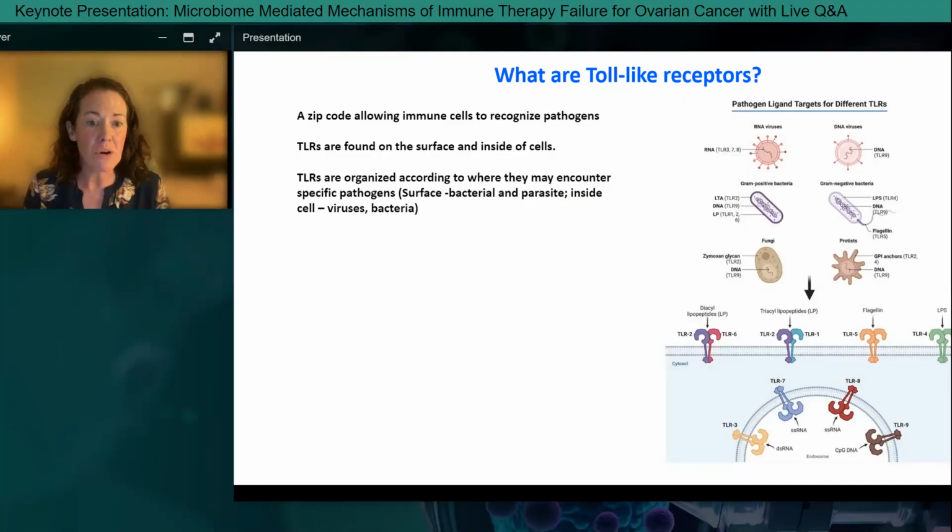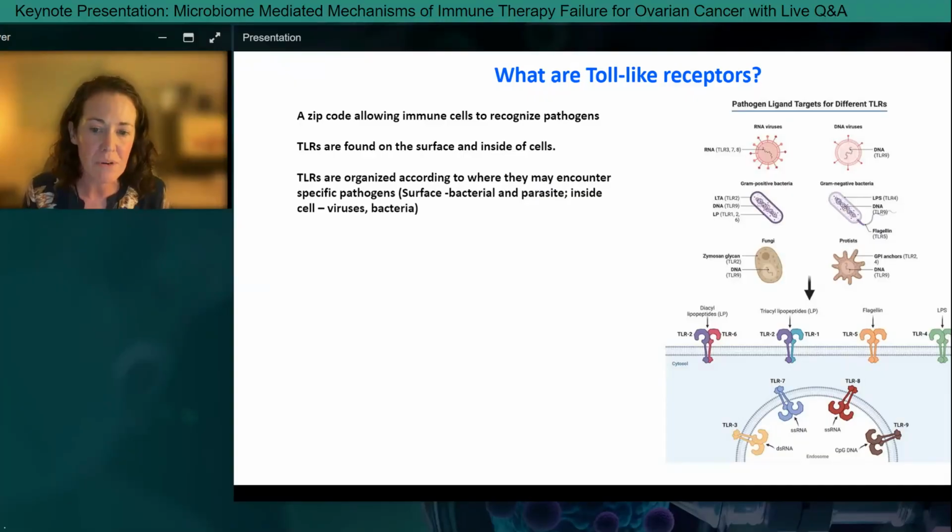Now, they're found both on the surface and inside of cells, and their location really depends and is specific to the types of ligands or molecules that they're actually able to recognize, oftentimes organized according to where they may encounter these pathogens.